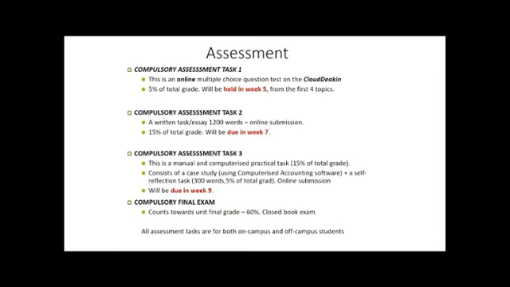So the exam mark is 60, and to pass this unit, you need, beside the overall 50% of the marks, to achieve at least 50% of the exam mark. So in the exam, you should get at least 30 out of 60 marks. The exam is a closed book exam.